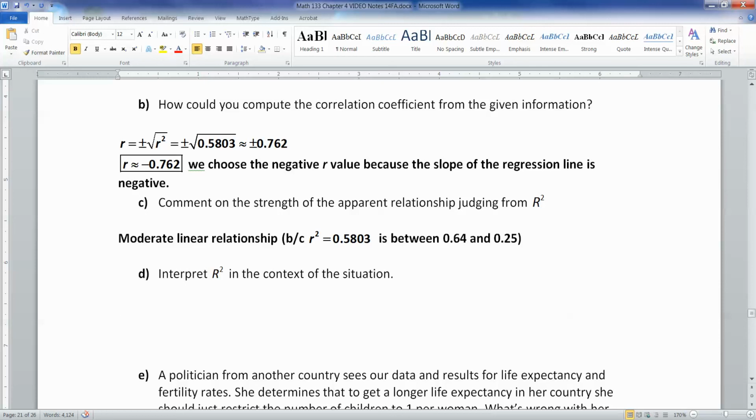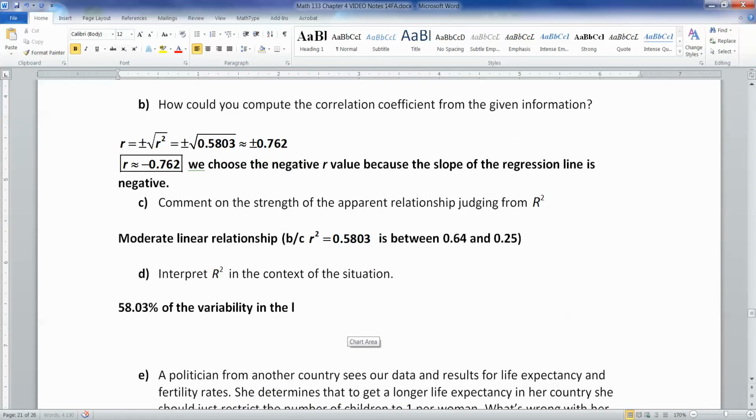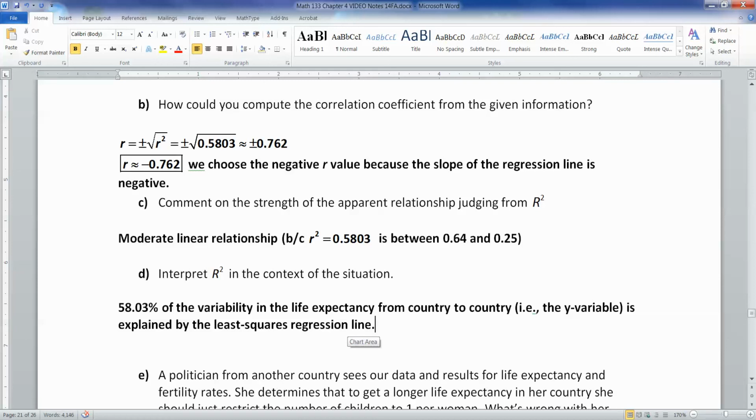So we can say that 58.03% of the variability in the Y variable, and the Y variable was life expectancy, so in the life expectancy from country to country, can be explained by the least squares regression line, or the line of best fit, or the linear regression line, whatever you want to call it.